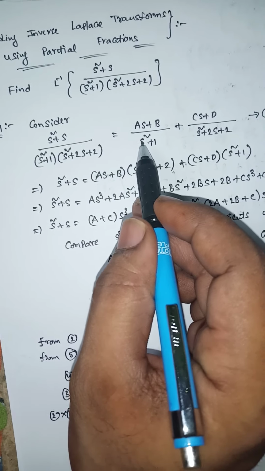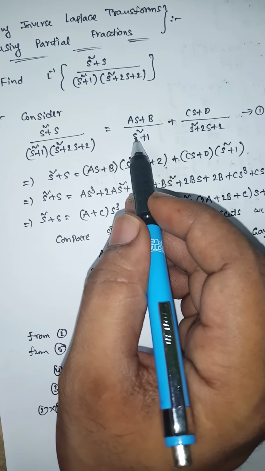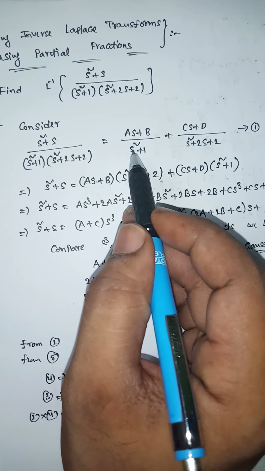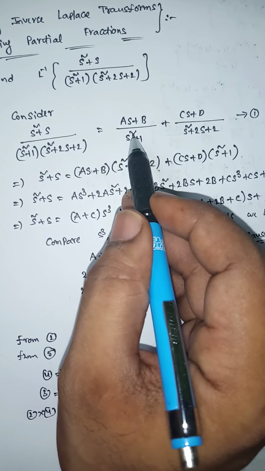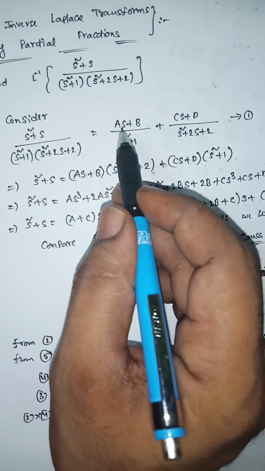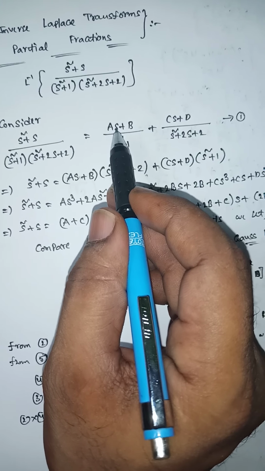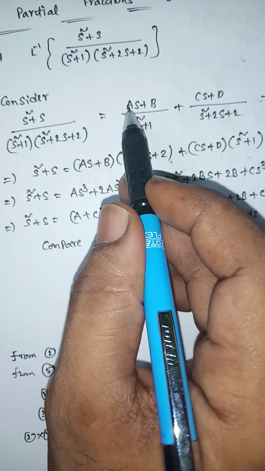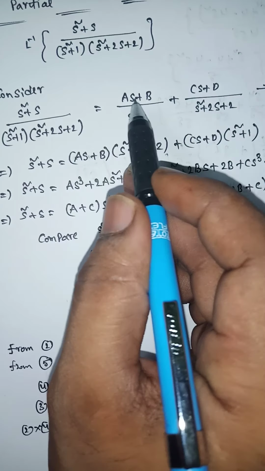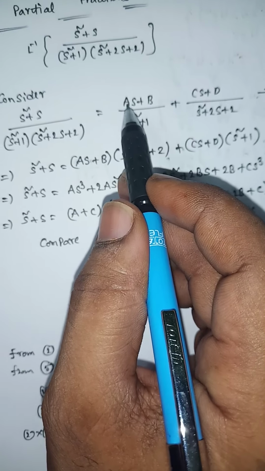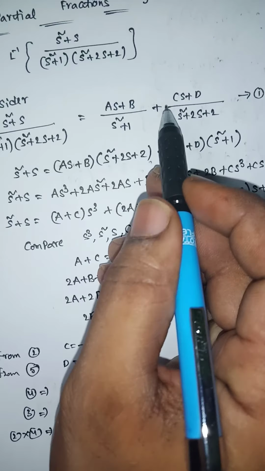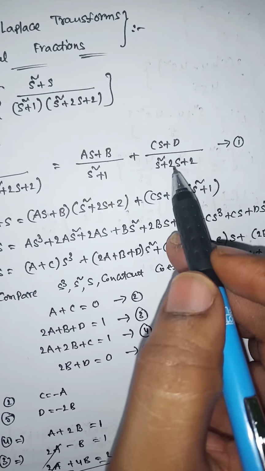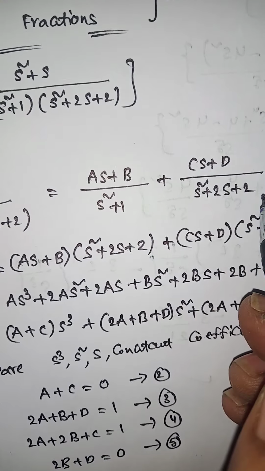If you have a second degree term in the denominator, we should have an s term and a constant term in the numerator. You will have this kind of term in the numerator: (as plus b) by (s square plus 1) plus (cs plus d) by (s square plus 2s plus 2).